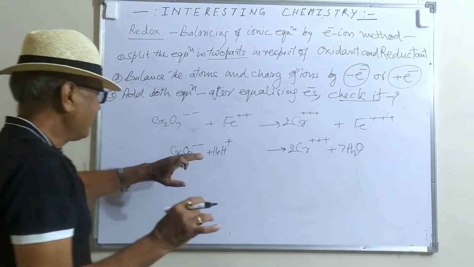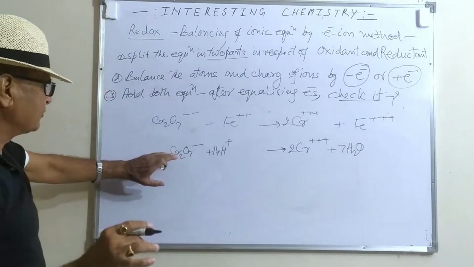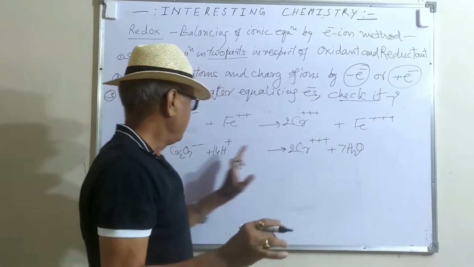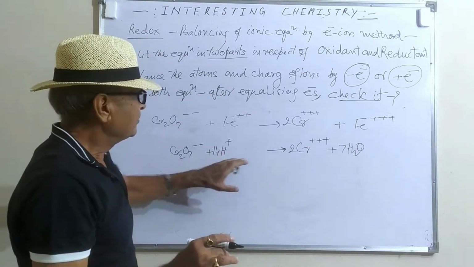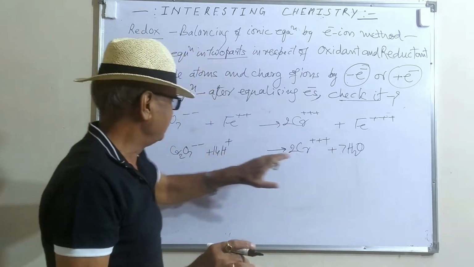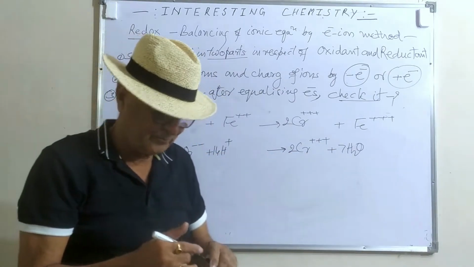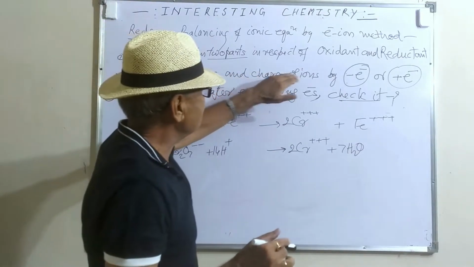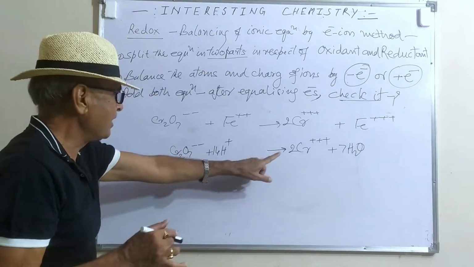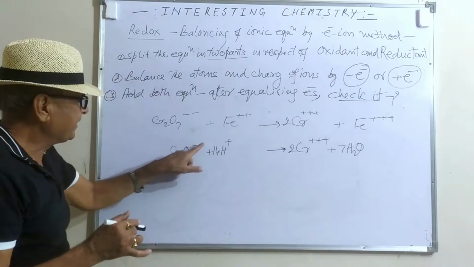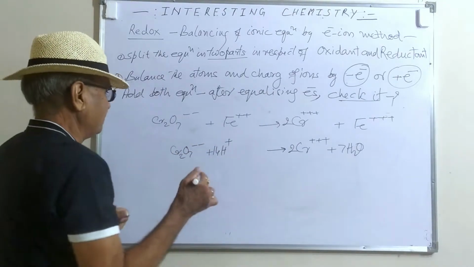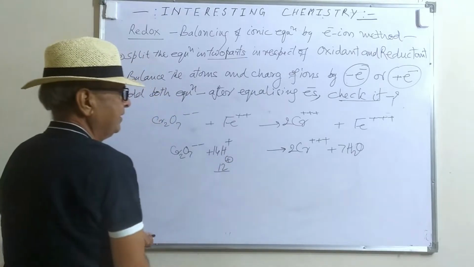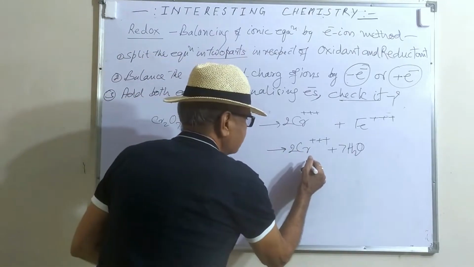So we have balanced 2Cr, 7O, and 7 into 2, 14 hydrogen, 14 hydrogen. Now balance the charge of ions. 2 negative, 14H positive. It means 12 positive is extra here. Here 6 positive.